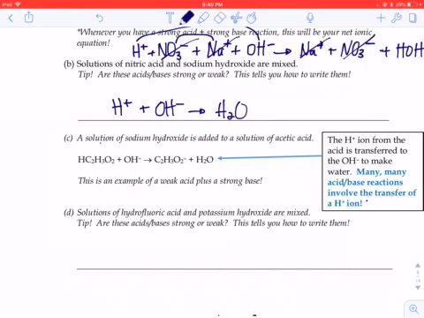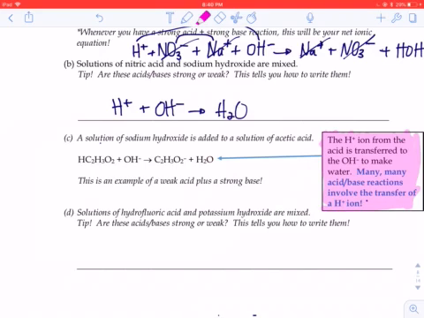When you have an acid-base reaction, this is a huge, huge idea in acid-base chemistry, as you'll see throughout the year: the hydrogen ion is transferred from the acid to the base to make water.